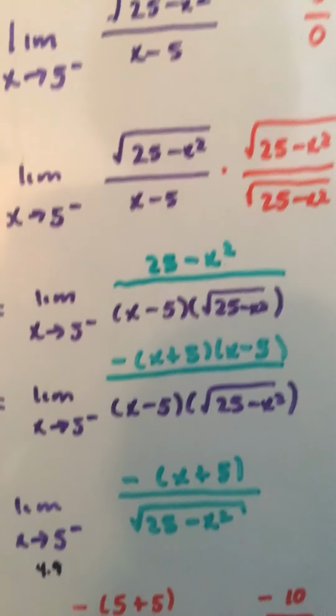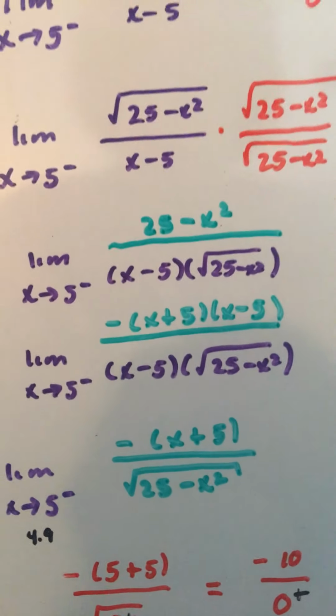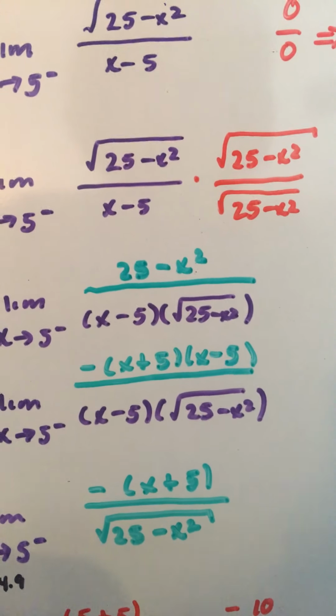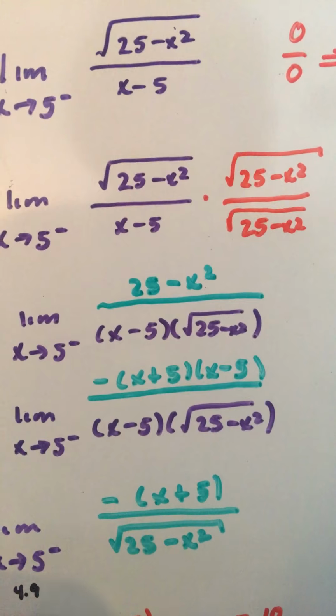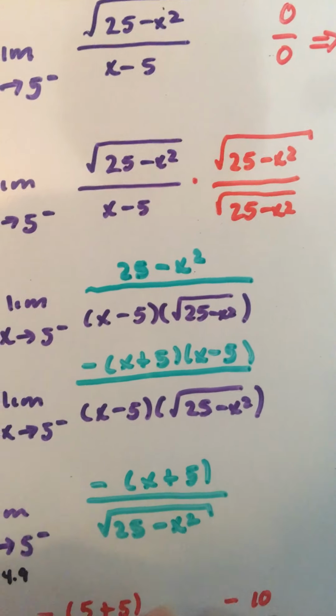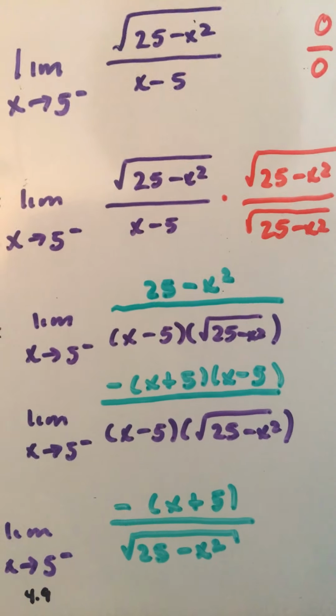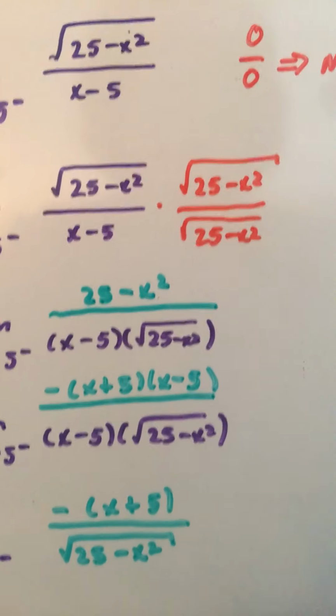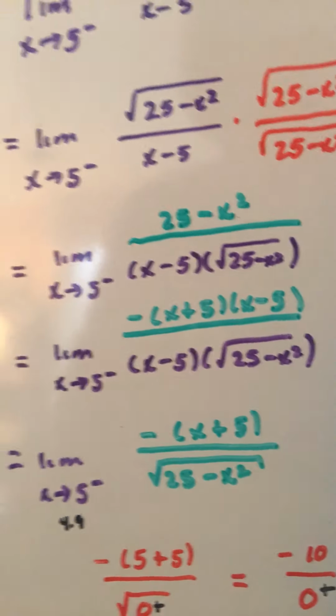That should be in your brain just from Algebra 1. So now I'm getting negative 5 plus 5 over square root 0. Insert my 4.9. Yes, it's positive. I can do the square root of a positive. And so I end up with negative infinity.